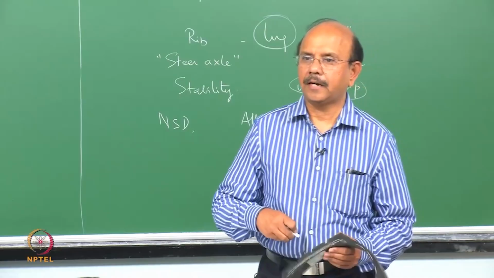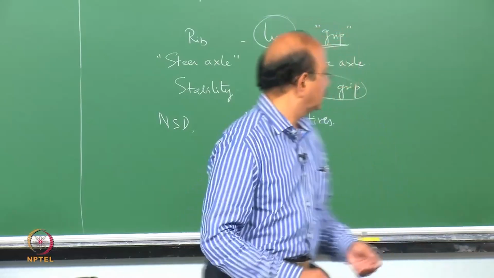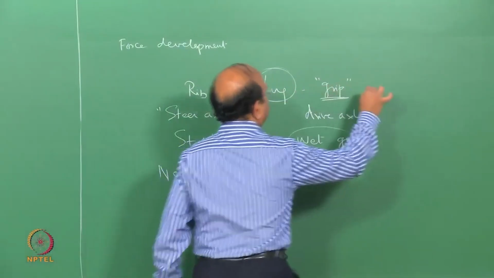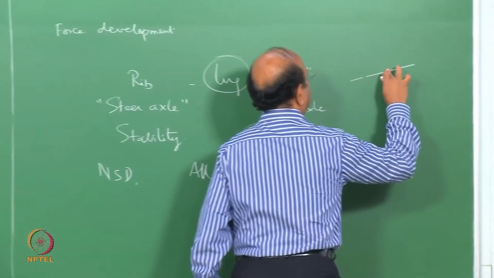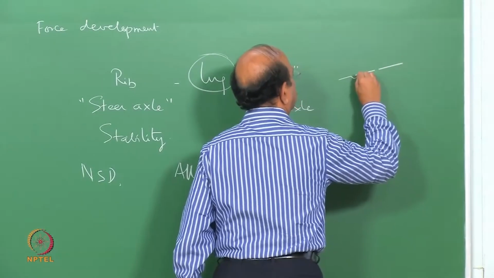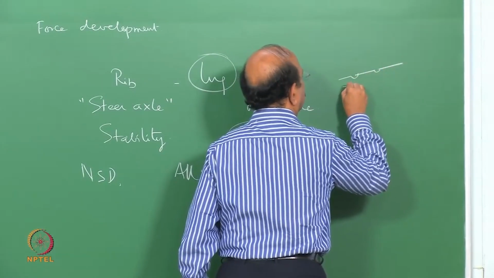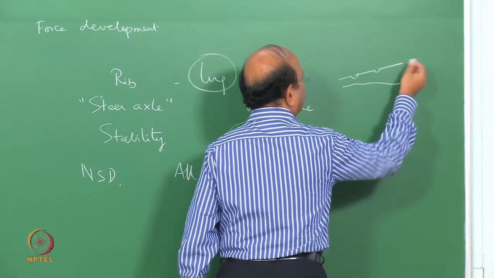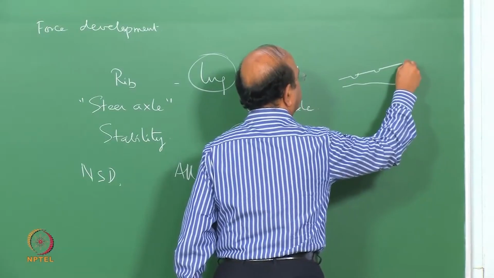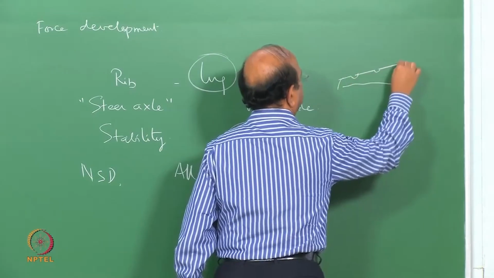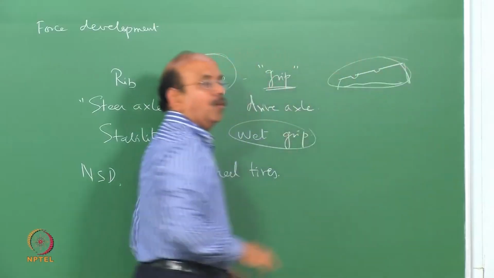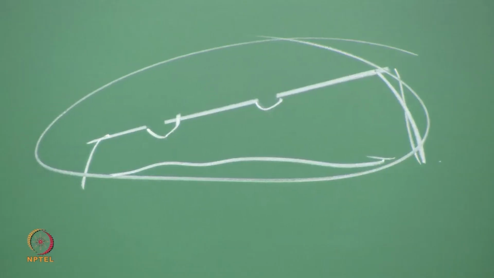So the tire ultimately assumes a shape something like this. So that's the groove. I'm just exaggerating it. It would be something like this. So there's a one-sided uneven wear that takes place.